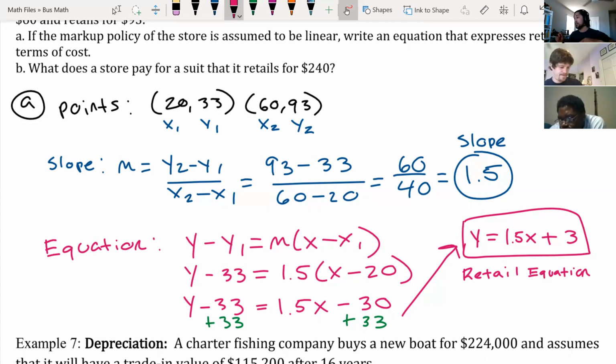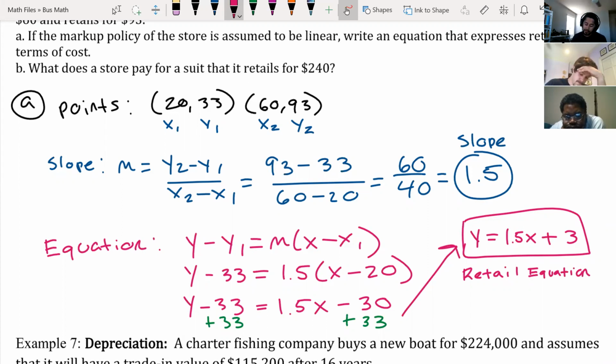So we use the point slope formula to put the equation in slope intercept form. Cool. And it'll always do it for you automatically. So now that was A. Everybody good with that? It's basically everything we've been doing today, right? Nothing new other than being an application question.